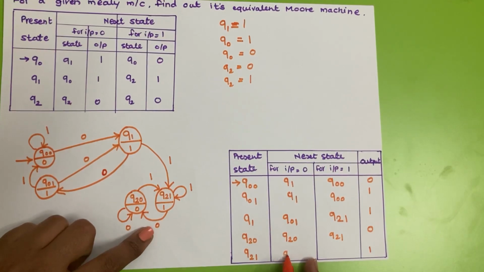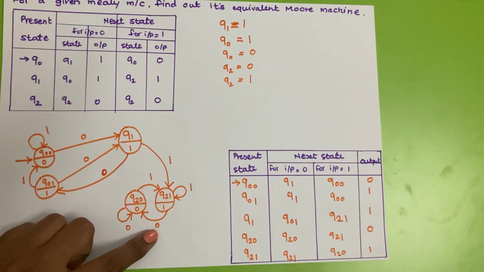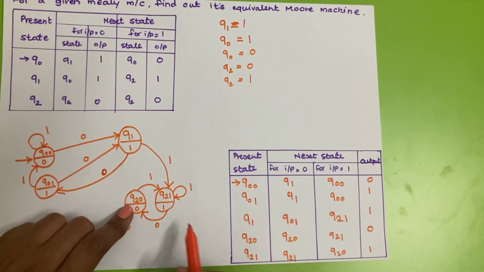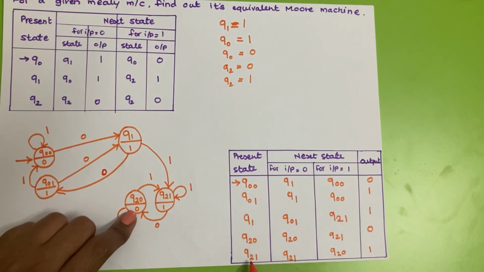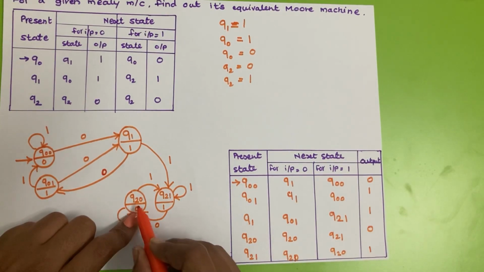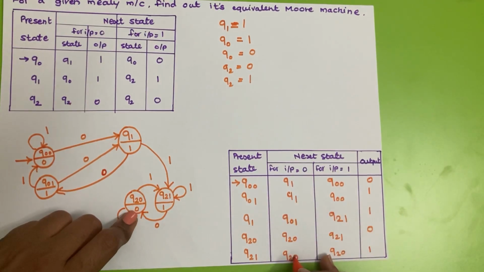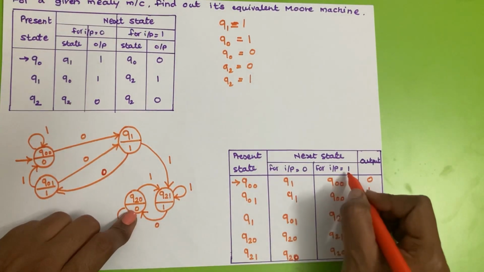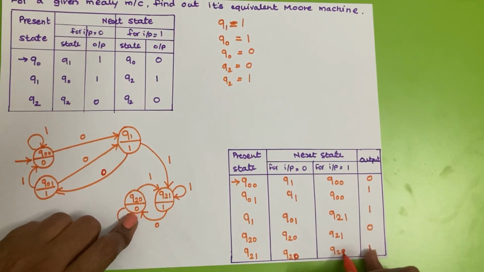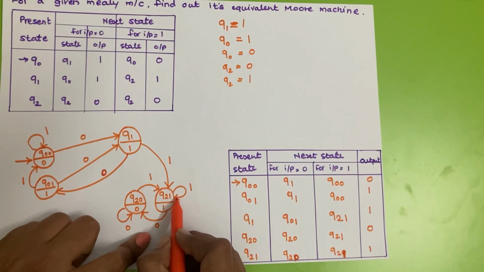For Q2 1, on input symbol 0, it will go to state Q2 0, and for input symbol 1, it will remain in the same state, that is Q2 1.